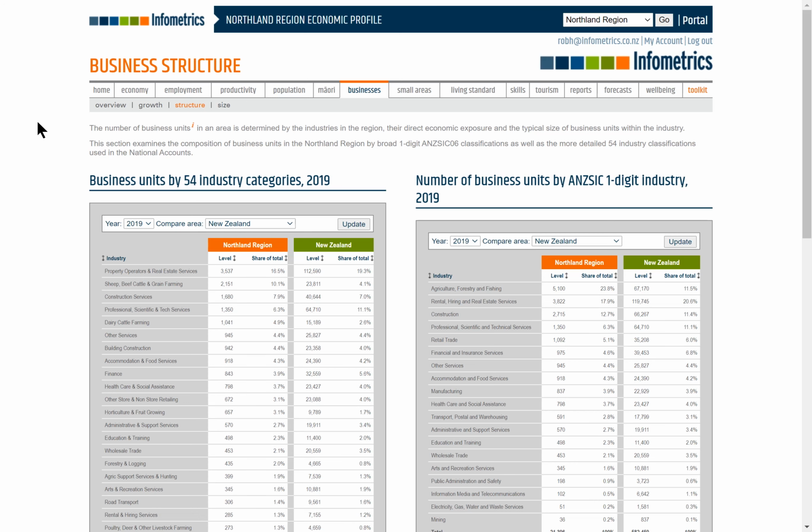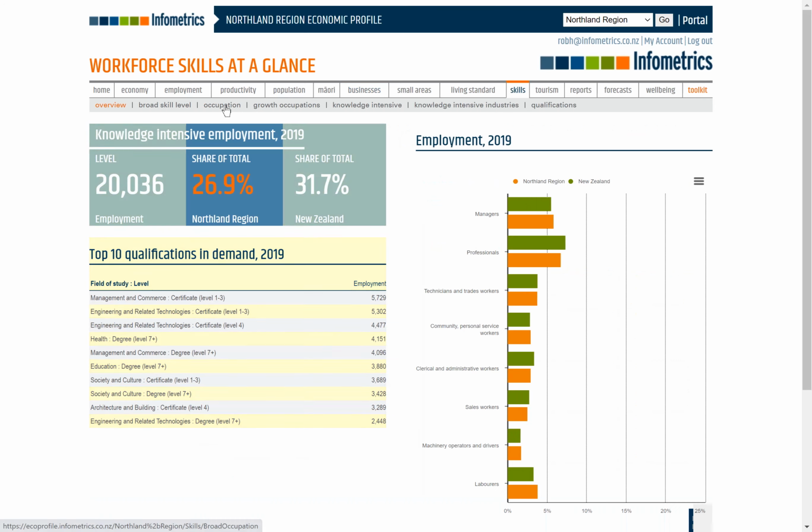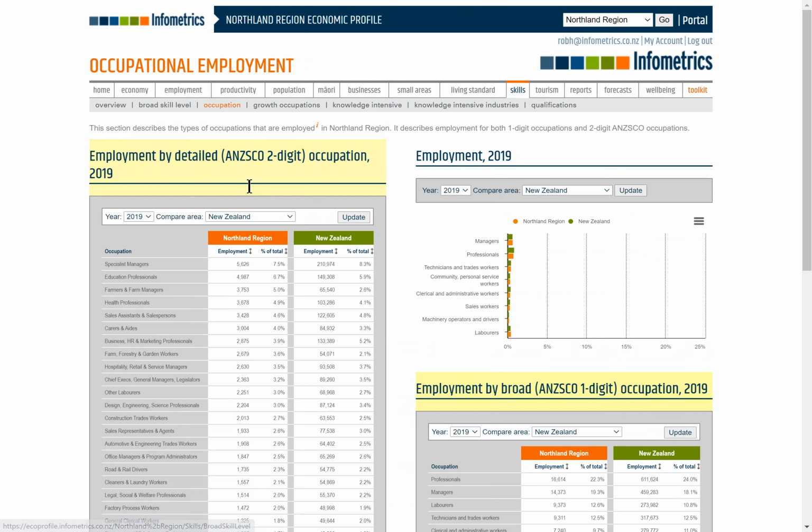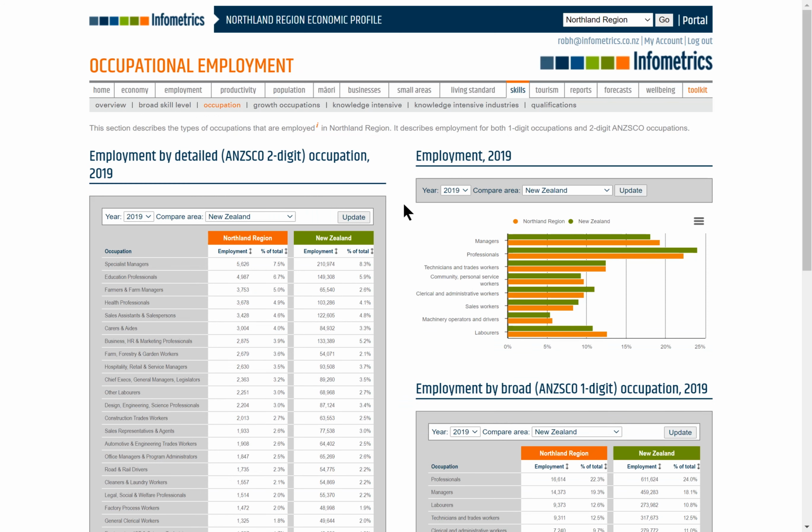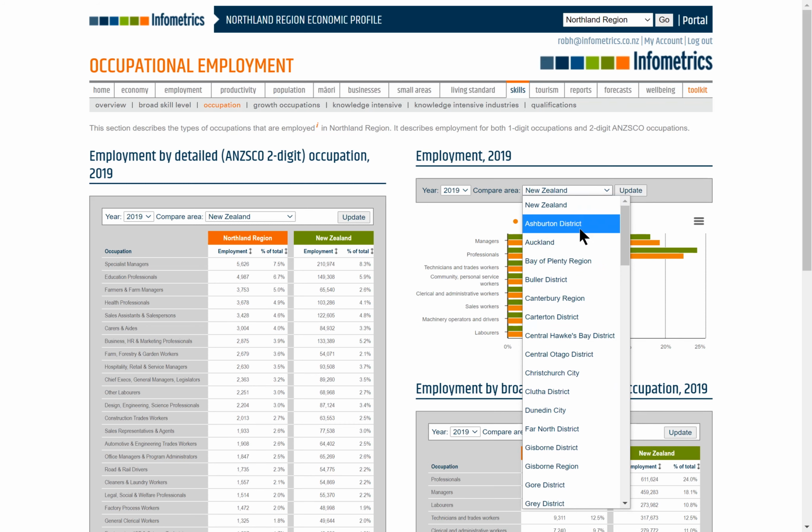Click on Skills and then Occupation. The chart gives you an overview of how employment is spread across broad occupations in your local economy. Use the comparator region function to look at how your local economy differs to the national economy or a region of your choice.